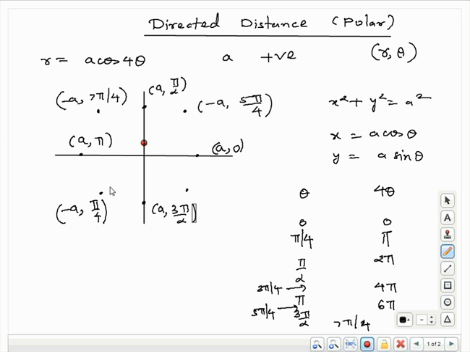Then we discussed 4 more. They were, first was, I think, this one. Then second was this one. Third was this one. Fourth was this one. Till now, if you have any questions, then let me know.